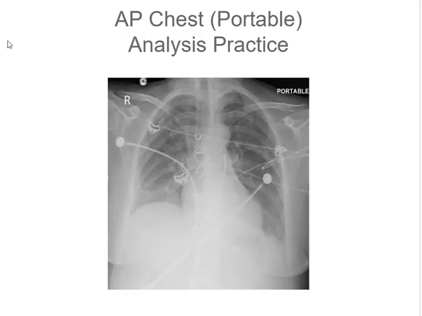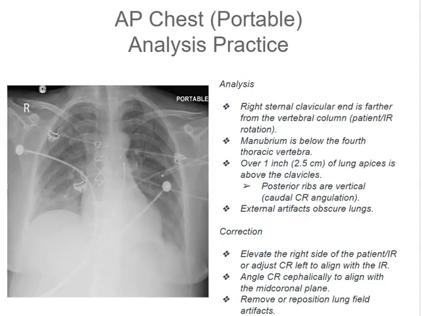Utilize your image analysis guidelines to evaluate this image and answer the next question. In this image analysis, we are going to first, again, look at the relationship of the sternoclavicular ends and the vertebral column.